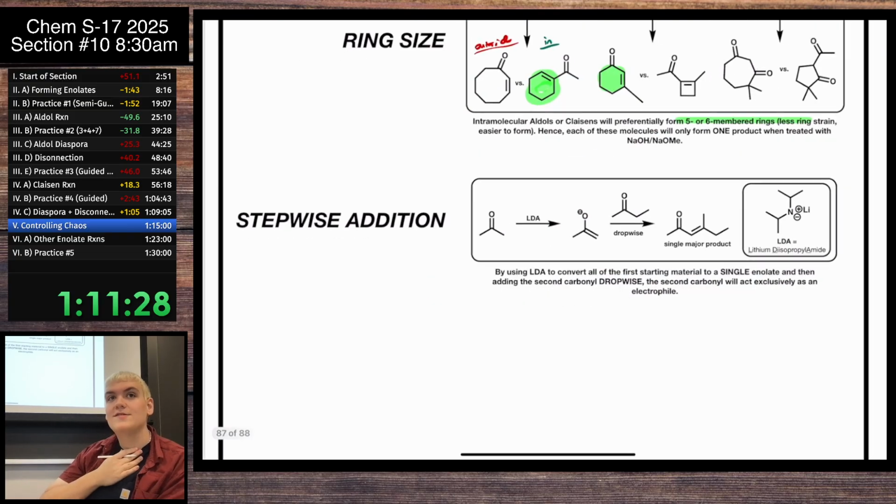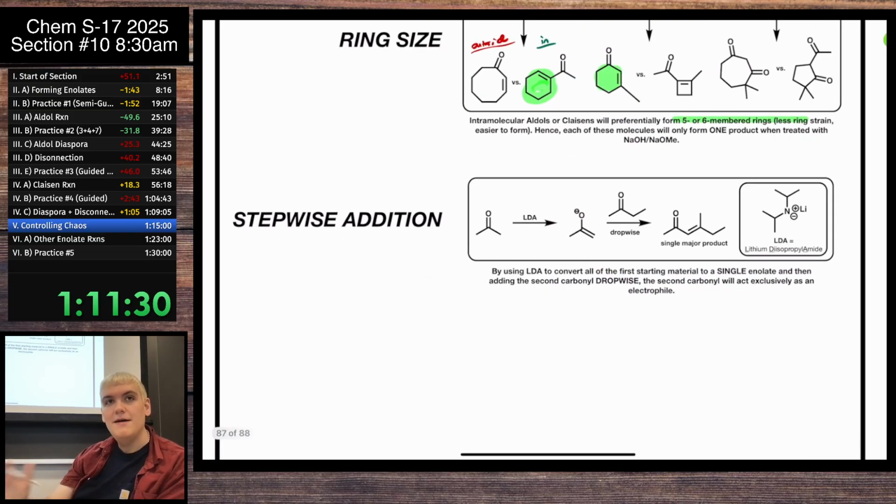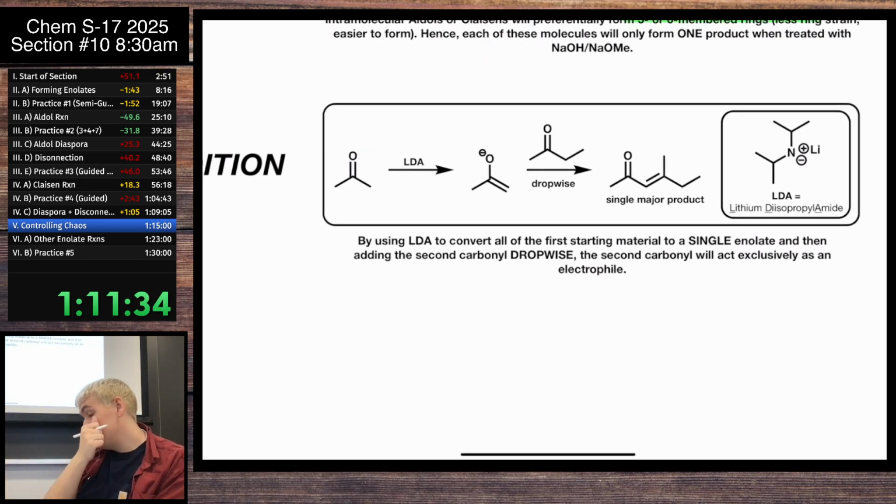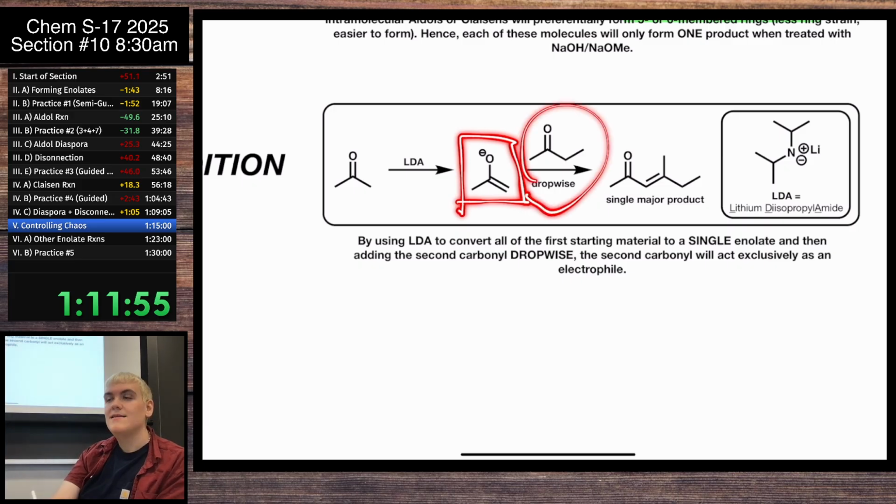Another thing our class does not get much into, but you might see on the MCAT, which is why I just want to flag it. A really classic base that's sometimes used in enolate chemistry is called LDA, lithium diisopropyl amide. It's a nitrogen with a negative charge, which is very basic. You could use a base to make entirely your enolate, and then dropwise add in what you want to be the electrophile.